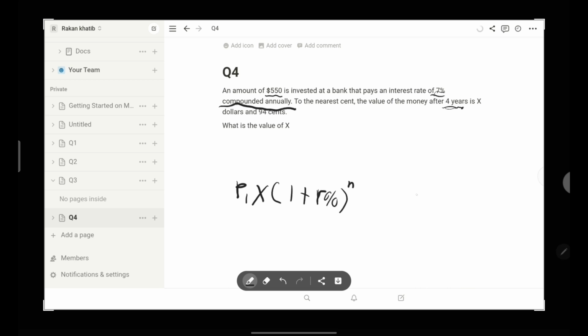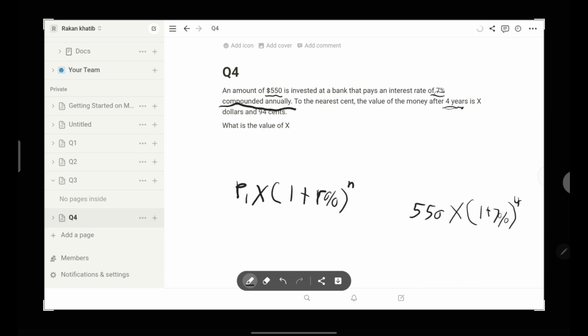So $550, which is P1, that's the initial investment, times 1 plus 7%. Make sure to add the percent. The power of 4.